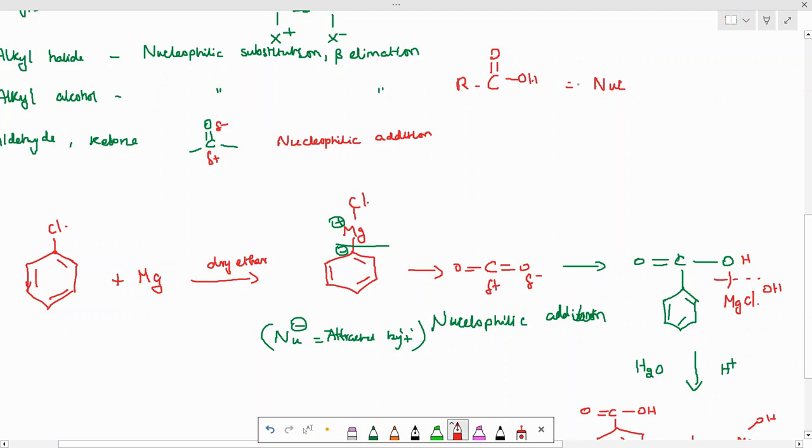Because of that acidic group, this active group is also present in that carbonyl group. That's why we are having a nucleophilic addition elimination mechanism. As I told, nucleophilic addition only will happen with the carbonyl carbon, but here OH, some active group, is there with the carbonyl carbon. That's why nucleophilic addition elimination will be there.